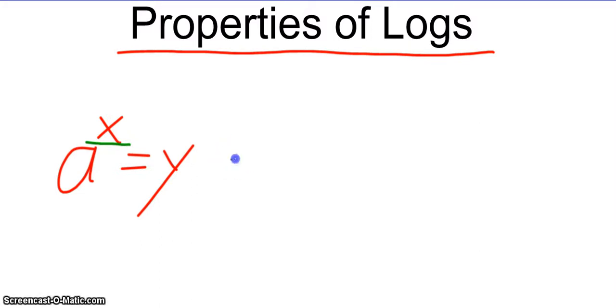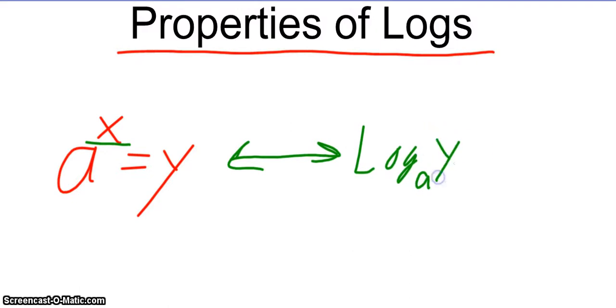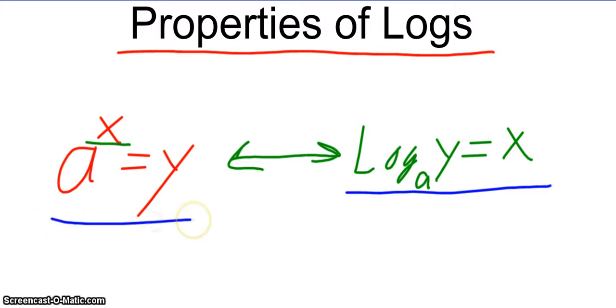So this gets converted to a log, or we can change it to a log, I should say, and this will become log base a of y equals x. So this is how we can go back and forth from a log equation to an exponential equation.